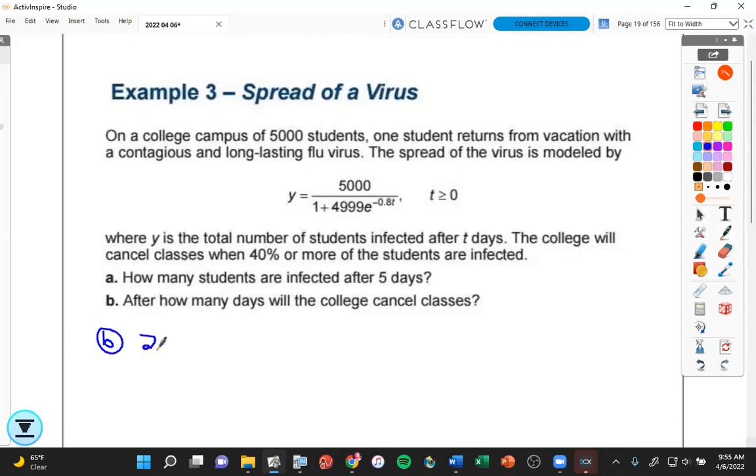So when 2,000 people have the virus, that is going to equal 5,000 divided by 1 plus 4,999 e to the negative 0.8 t. I need to solve for t. What should we do?